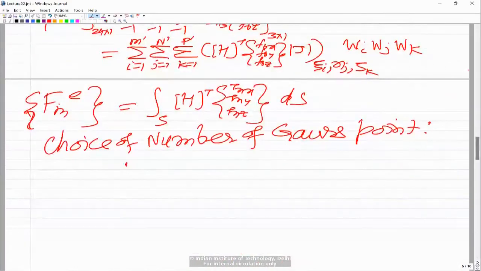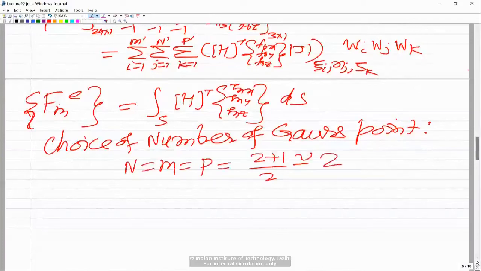So if you look at n, m, and p, this would be equal to the highest power in the integrand, the quantity which we are integrating, 2 plus 1 divided by 2. So this is approximated to the next integer. That means we will take the values of n, m, and p as 2. So 2 points along the xi direction, 2 points along the eta direction, and 2 points along the zeta direction. Therefore the total integration would be 2 by 2 by 2, so there would be a total of 8 integration points.